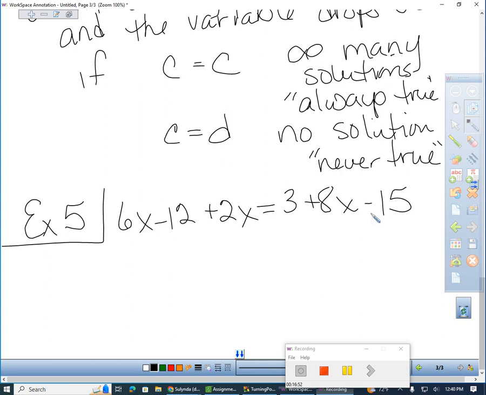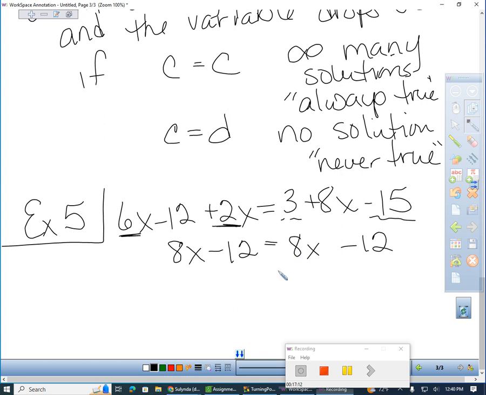All right, so there's no parentheses, there's no fractions, so I just combine like terms on either side. On this side, I can put together my 6x and 2x, so I get 8x minus 12. On this side, I can put together my 3 and negative 15, so I have 8x minus 12.